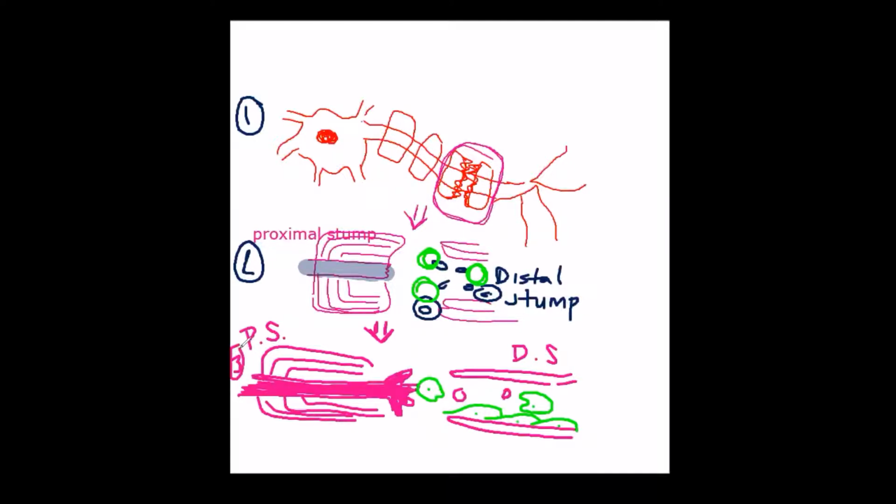Now I'm going to erase this so I can continue drawing out the steps. And I'm going to start from step number 4. So remember in step number 3, we had our myelin kind of reaching out for a distal stump over here.